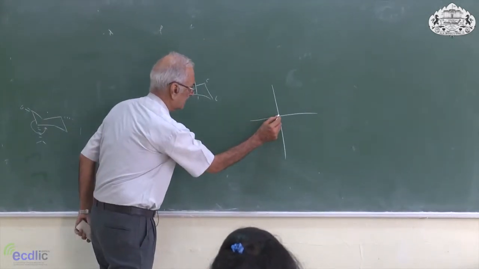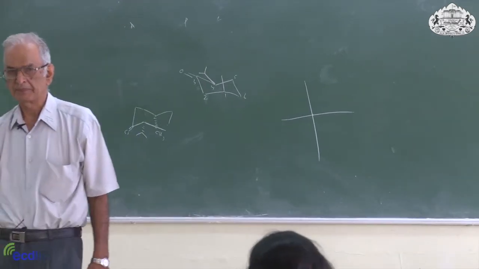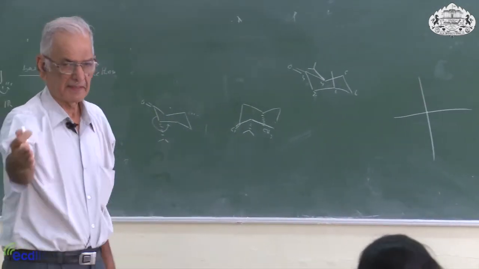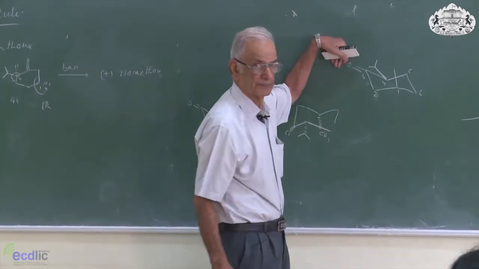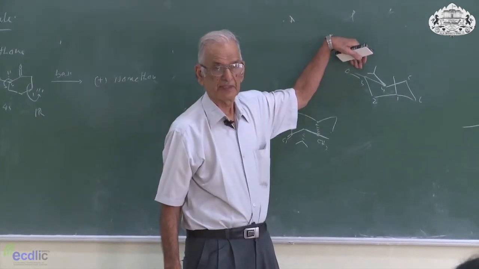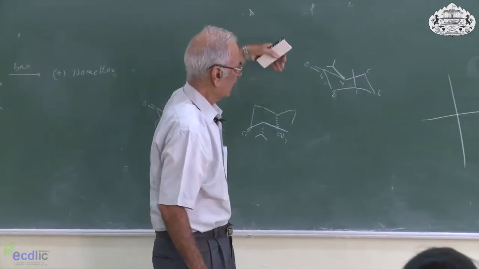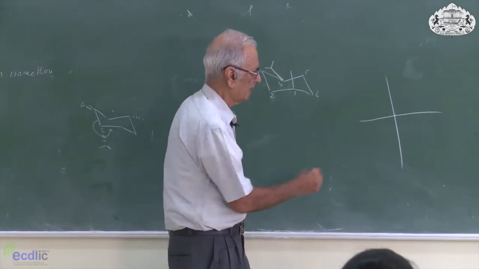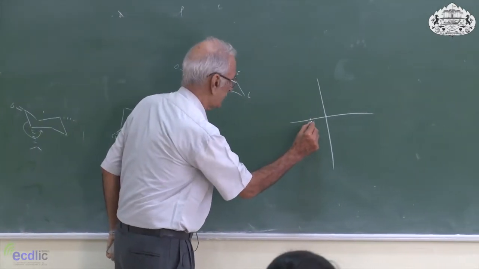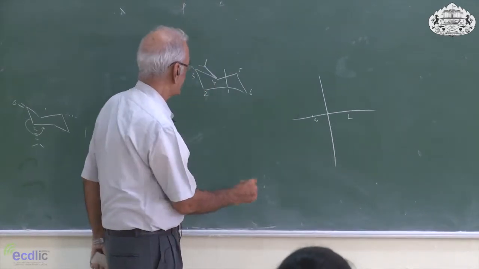Carbon number 3 will be at the center. Miss, where should I write carbon number 4? Left hand side or right hand side? Left hand side. We are always looking from here, please. So carbon number 4 is going to be on the left hand side, carbon number 2 is going to be on the right hand side.